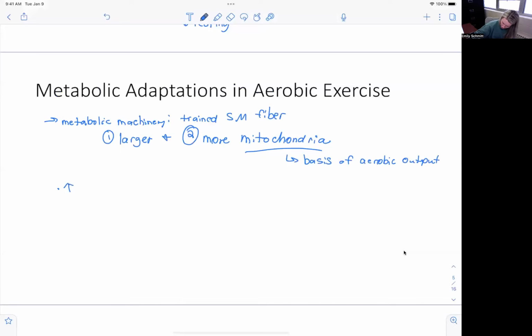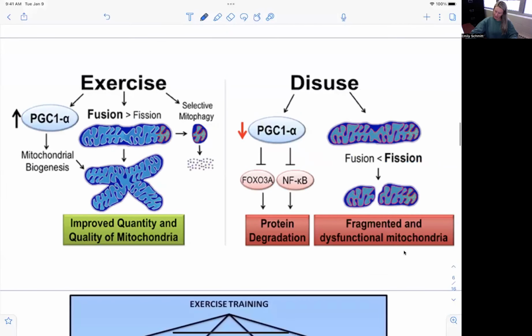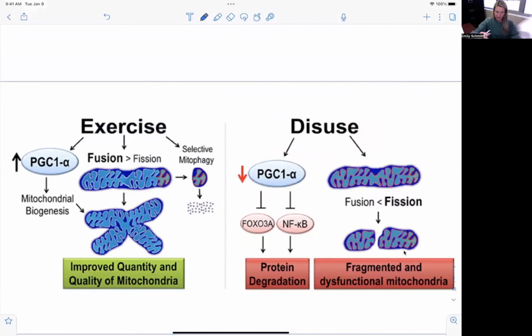Also, if you have an increased number of mitochondria, this means you will have enhanced metabolic function. And that's basically what this schematic is showing us. So what we have here is PGC1 alpha, and this plays a role in our mitochondrial biogenesis.